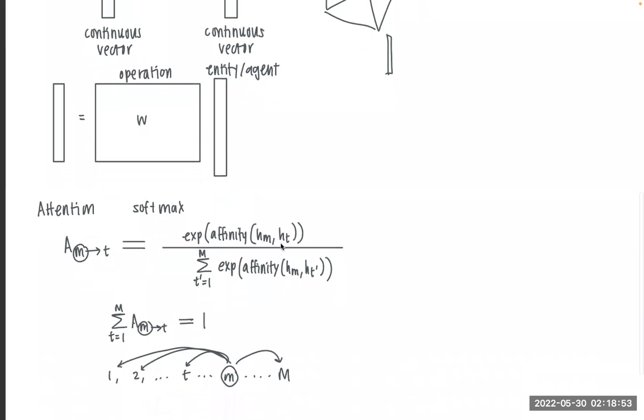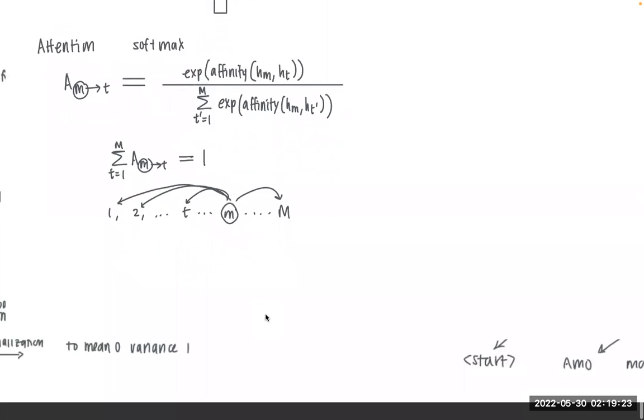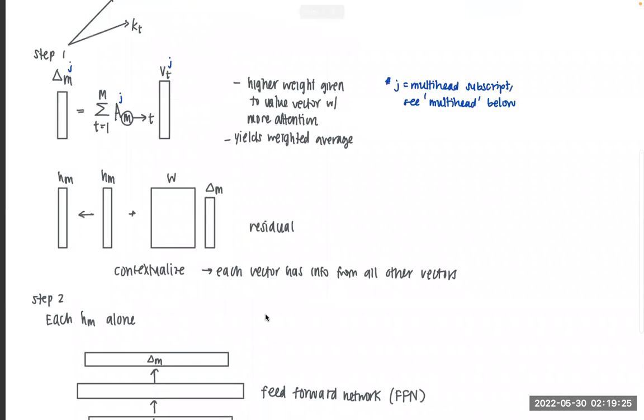When you have the affinity based on this inner product, you can use this softmax to decide how much attention I should pay to each t, so that the summation over all the t for this attention equals 1. Again, M is a pivot. From M's standpoint, M pays attention to all the other vectors, including itself, and this attention should sum to 1. Okay, and this is how we get this attention.